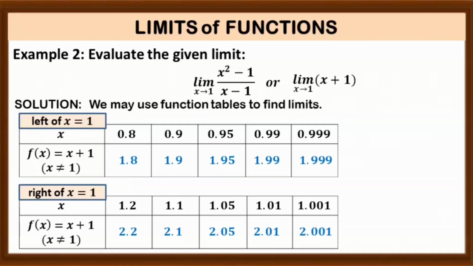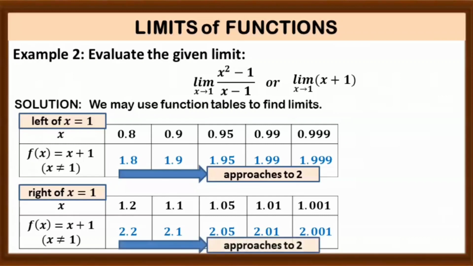Now, in the first function table, notice that the y values tend to approach 2. From 1.8, it jumped to 1.9, 1.95, 1.99 to 1.999. And in the second function table, the y values tend to approach 2.